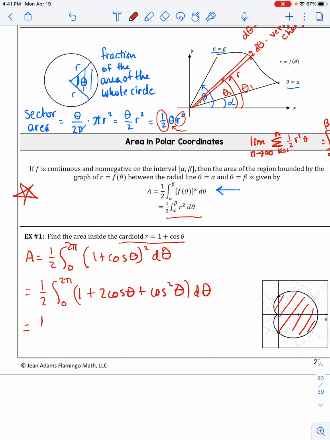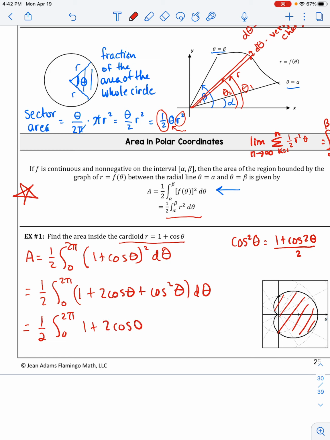Almost anytime we have cosine squared theta in our integral, we're going to substitute it with our equivalency for cosine squared from our trig identity sheet. Our trig identity sheet tells us that cosine squared theta is equivalent to 1 plus cosine of 2a over 2. I'm going to change the a to theta.